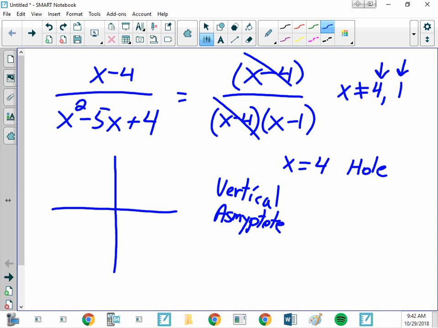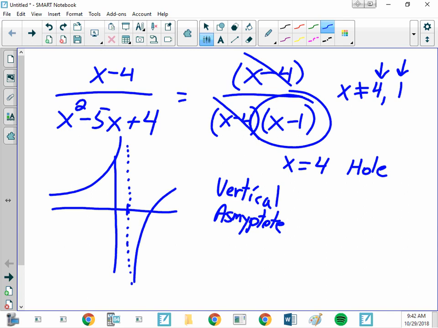So, if a factor does not cancel, then there is a vertical line that runs through the graph that the actual curve never touches. So, at 1, I have this dotted line, and the graph never hits it. So it could look something like this.